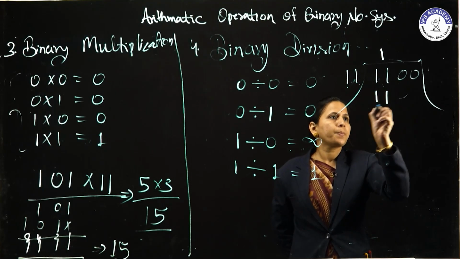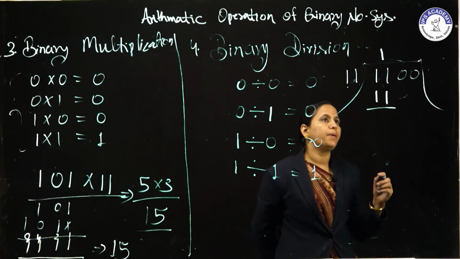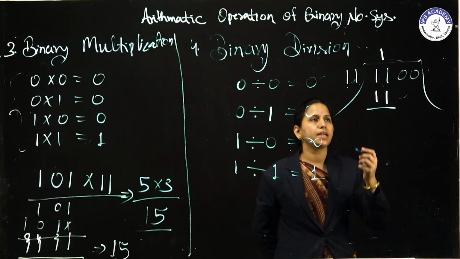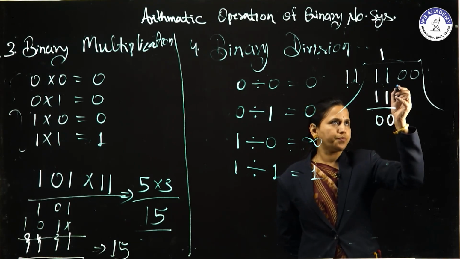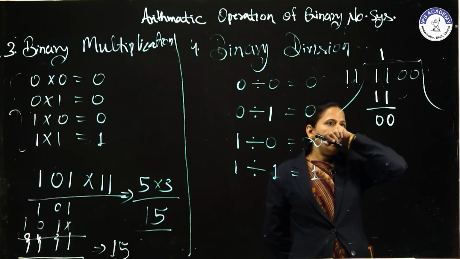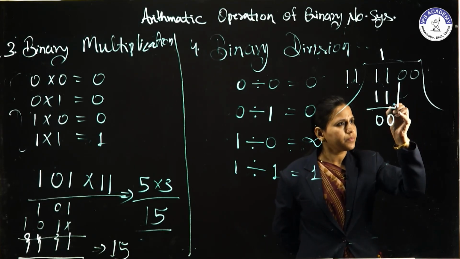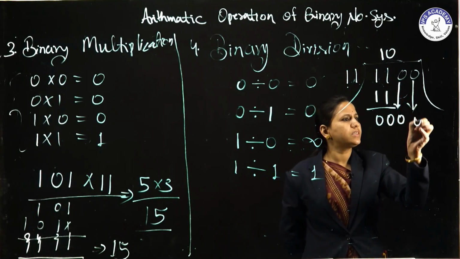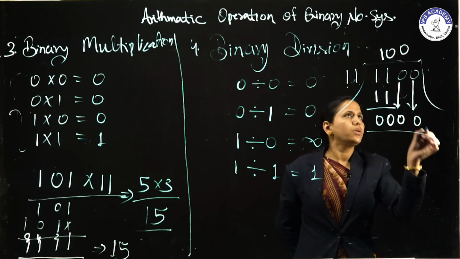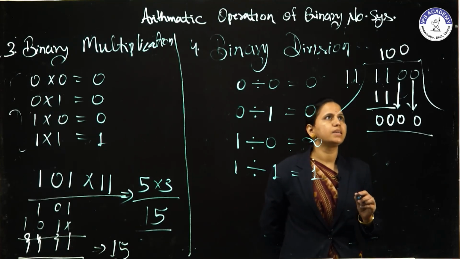So 11. Now use the concept of binary subtraction in binary division. 1 minus 1, 0. 1 minus 1, 0. Next 0, so here will be 0. Then copy this 0, so here will be 0. So our answer is 100.